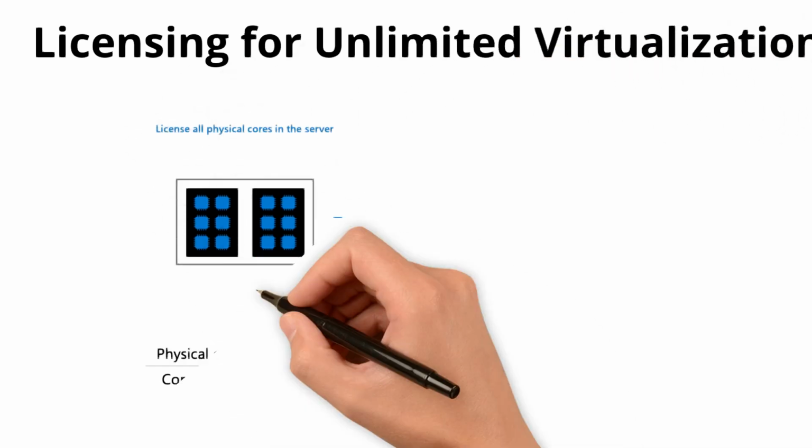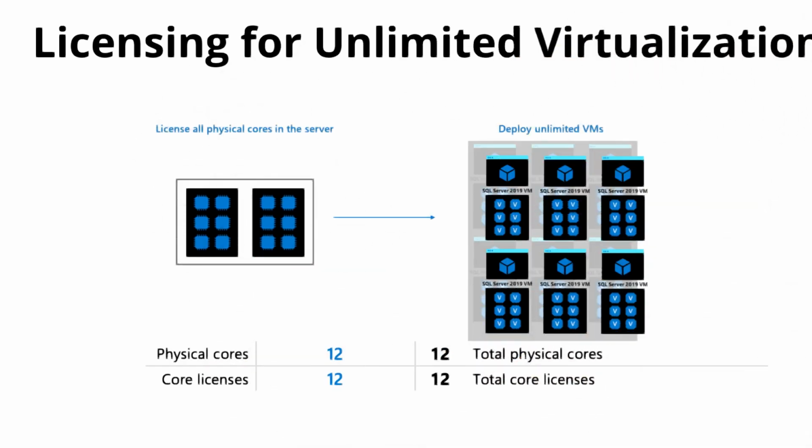For that, you first need to have the Enterprise edition of SQL Server. And you license all the physical cores. Suppose there are 12 physical cores, you have to buy 12 physical core licenses. If you have software assurance in place, you can deploy them on unlimited virtualization.